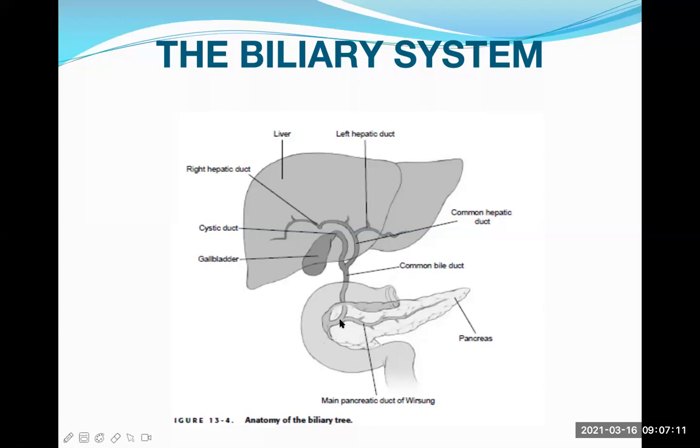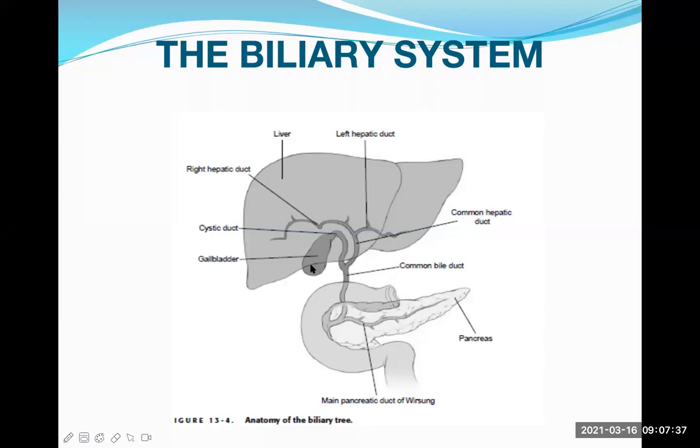Now see that? So the bile flows into the second part of the duodenum. Bile is produced by the liver and concentrated by the gallbladder, and when we eat food, there is contraction of the gallbladder. There is one important hormone known as cholecystokinin, which is released from the intestine.